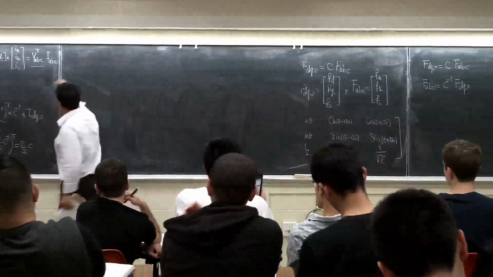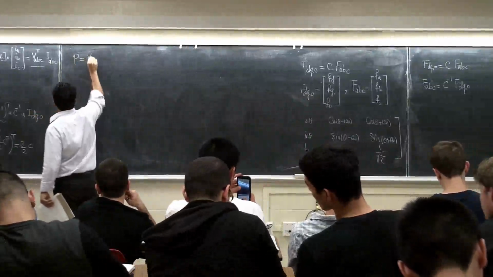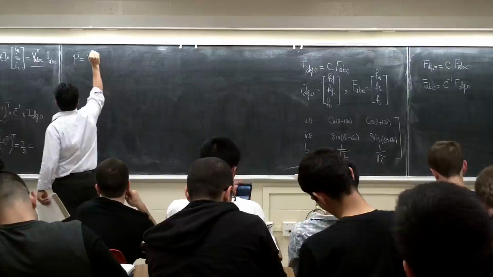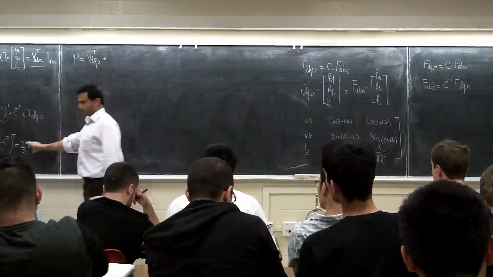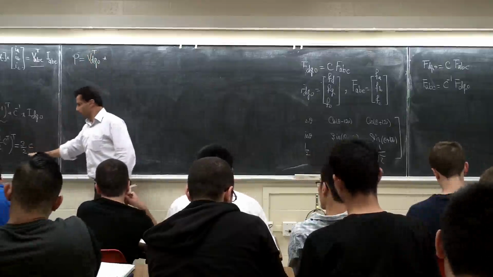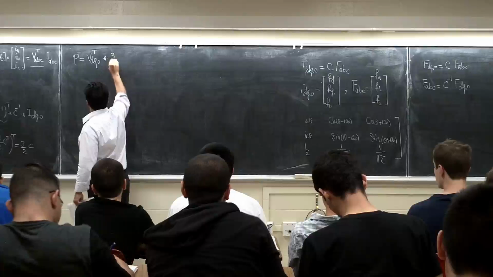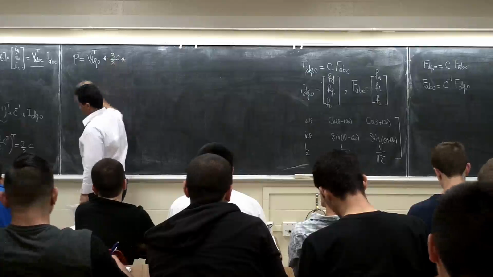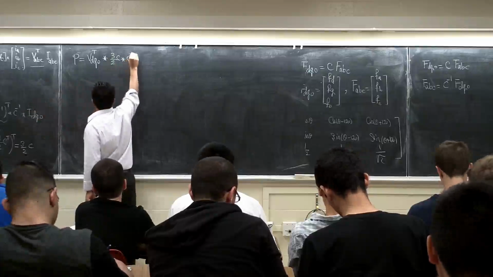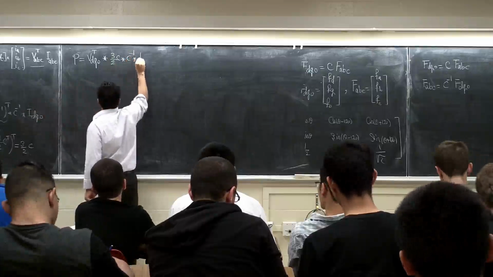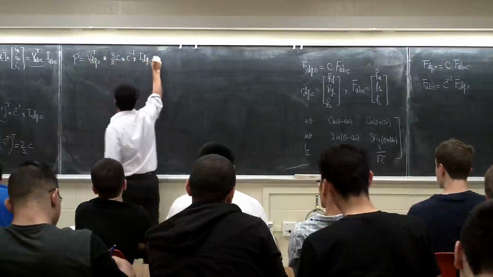Now let's replace it here. So P is going to be VDQO transpose times 3 over 2 C times C inverse times IDQO. 3 over 2 can come here.